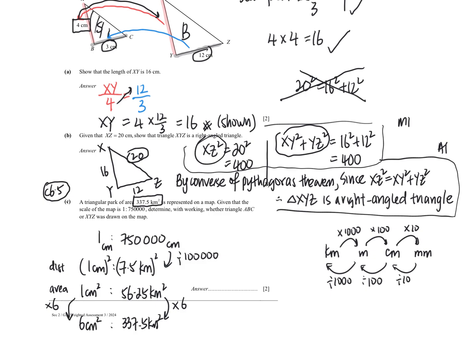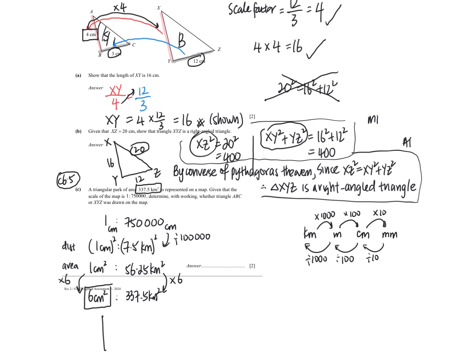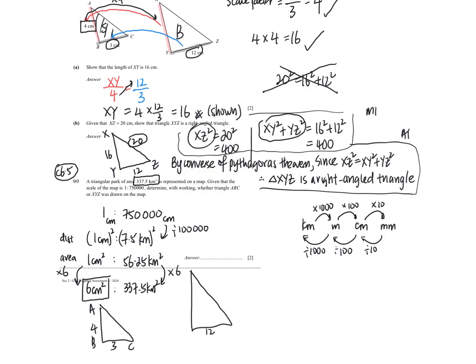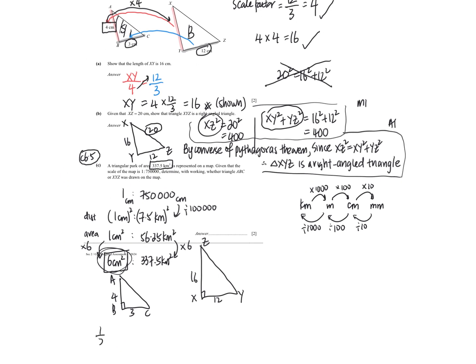So they ask you, is this whether it's triangle ABC or triangle XYZ? To be 6 cm square, you look at the original triangle. ABC is 3 and 4. XYZ is 12 and 16. So which triangle will give you an area of 6 cm square? If you look carefully, this is 6.